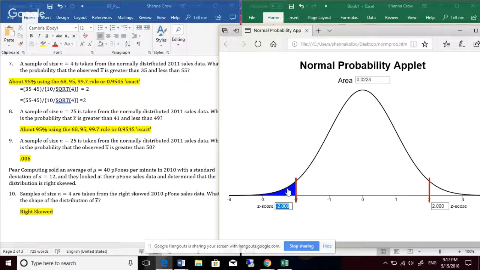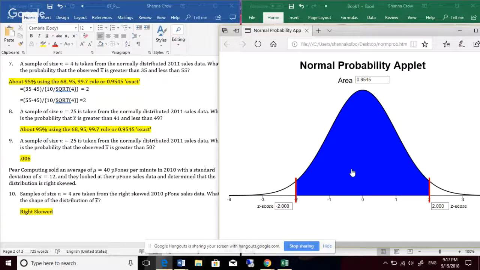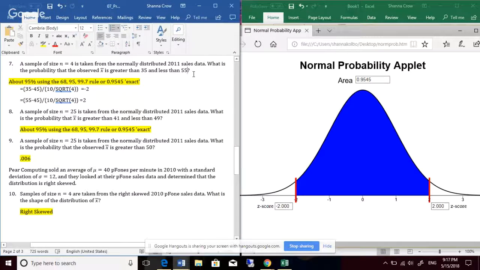But this question is asking for the probability in between two numbers. So you just found the z-score for 35, and now you have to do the exact same thing for 55. So I do 55 minus 45 over 10 divided by the square root of 4. Yes.